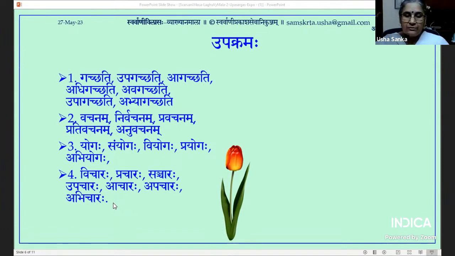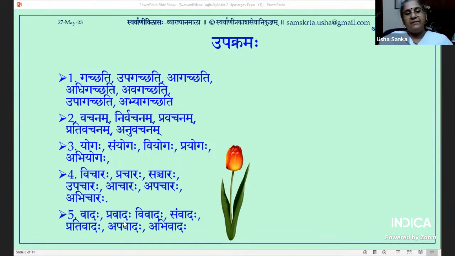In Telugu also we have these words, almost each word. So they are not new. What we see is that there is one element which is common, which is repeating. In the same way, just for completeness, vadah, pravadah, vivadah, samvadah, prativadah, apavadah, abhivadah.